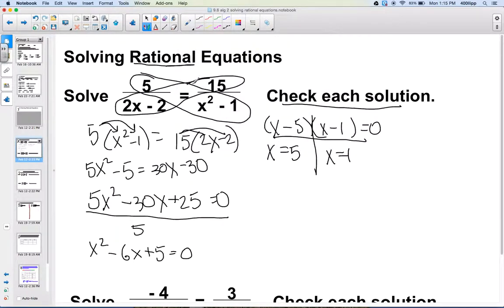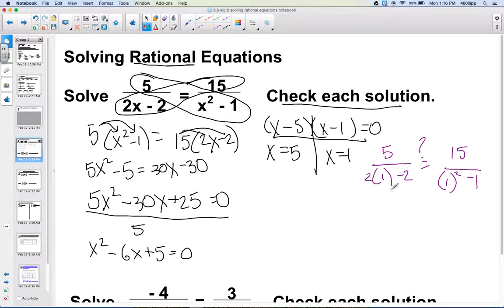So we're going to do that by plugging it into the original problem. So if I check x equals 1, I'm going to plug x is 1 here into my original. So 5 over 2 times 1 minus 2, and we want to know, is that equal to 15 over 1 squared minus 1?